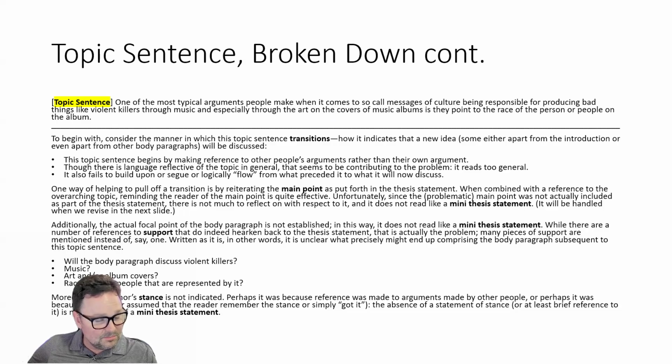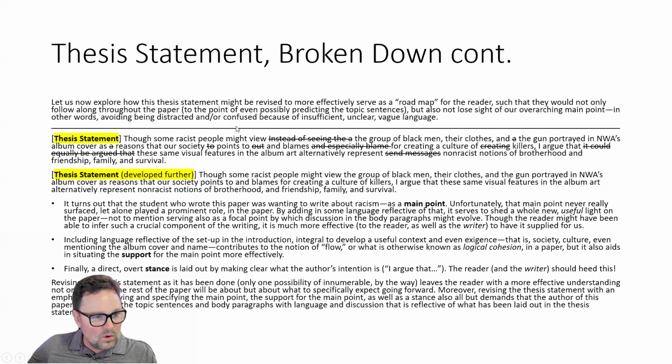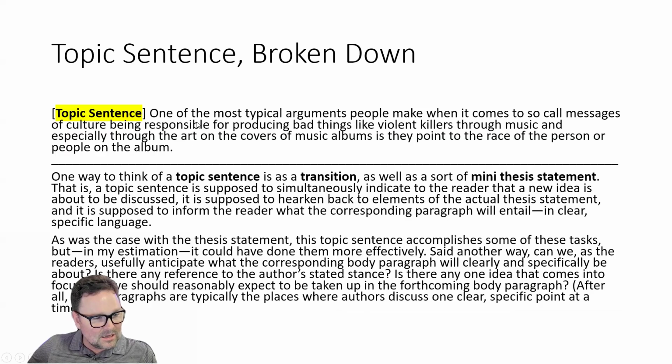And that's good. But it's like half of a topic sentence. What about what you think? Where is one of these brotherhood or friendship or family or survival? Where is that in this topic sentence from our example third paper?